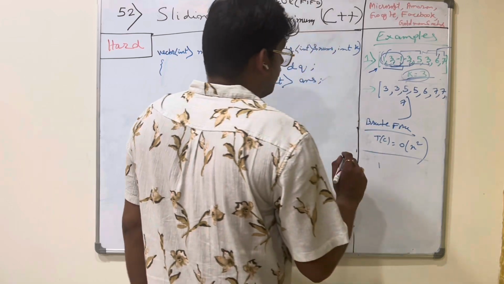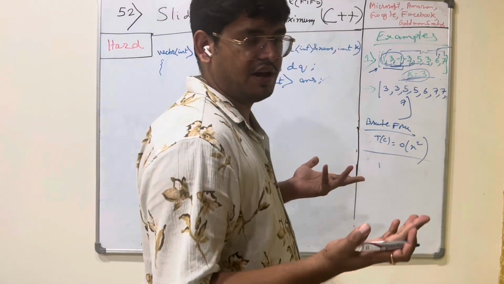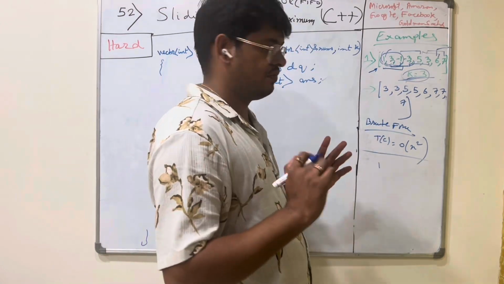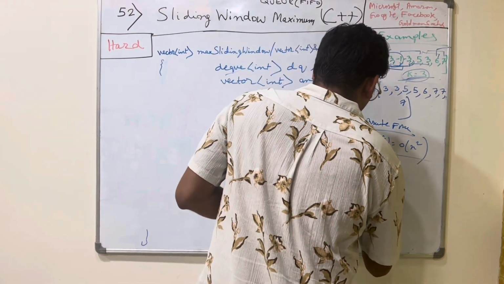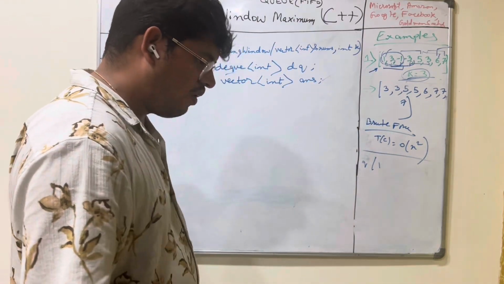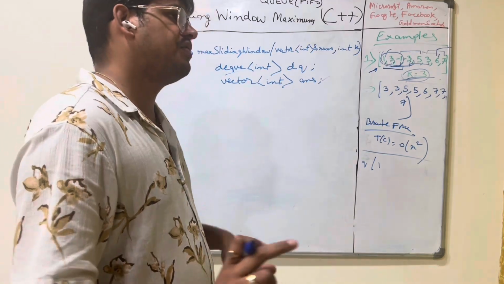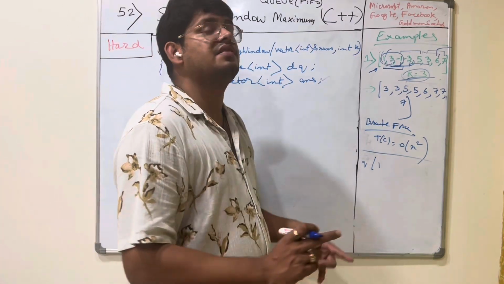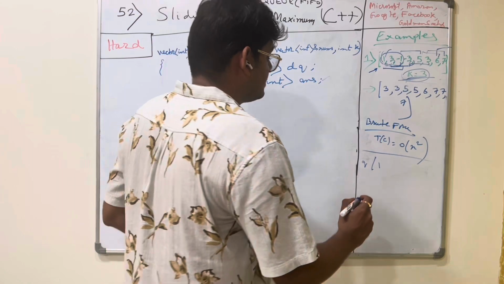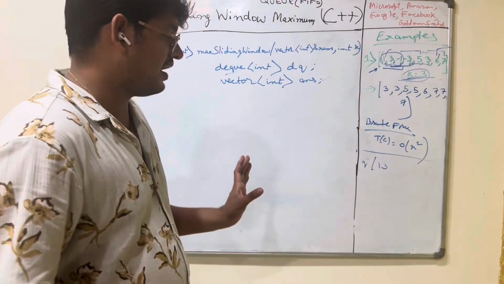Okay, so when we have 1 we don't have any problem. Let's push it to the queue. Now when we get 3, 3 is the max. If we insert this 3 here, we need to traverse again to find this 3, right?